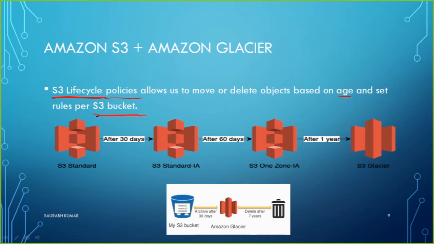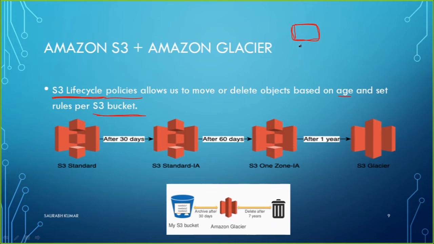What we generally do is, for example, you have an S3 bucket. You know, S3 is a storage where you are keeping frequently accessed data, which you access all the time. So maybe you have created a bucket. On top of the bucket, you can set some policy, and that policy depends on your company's conditions.